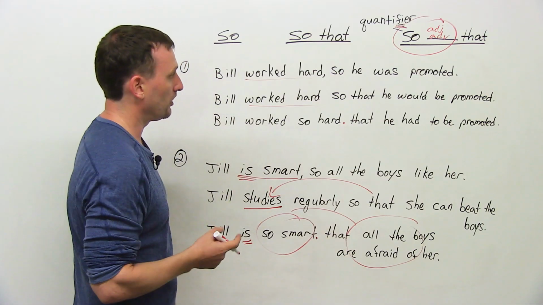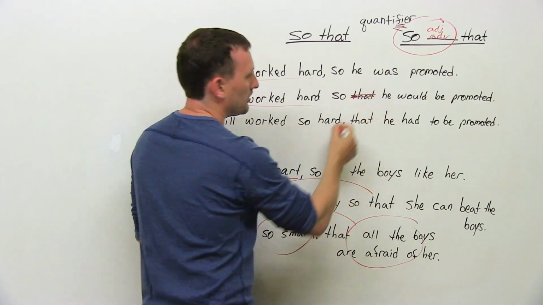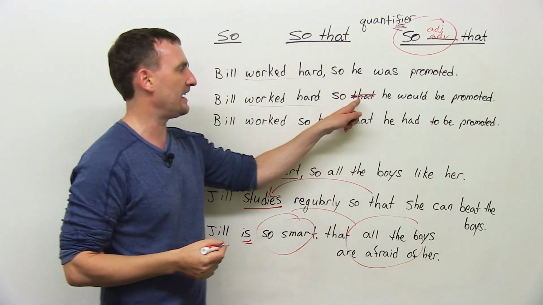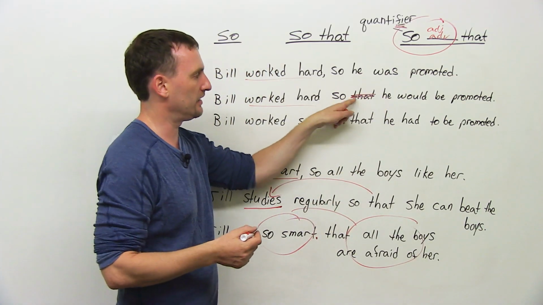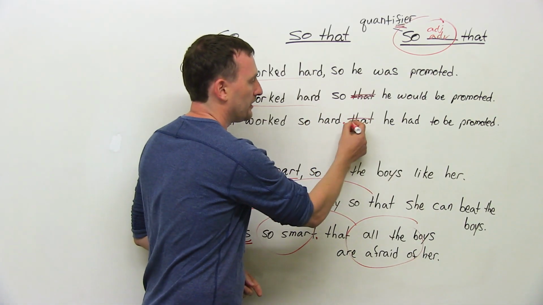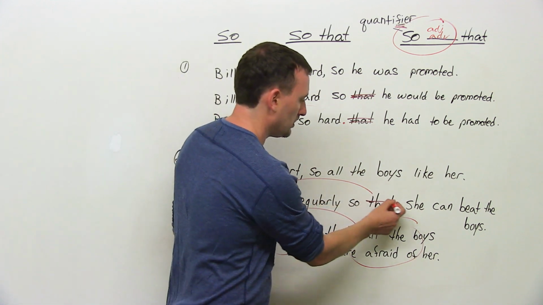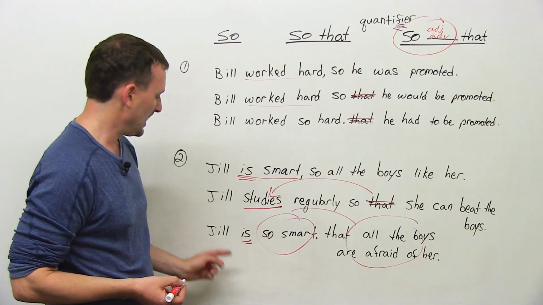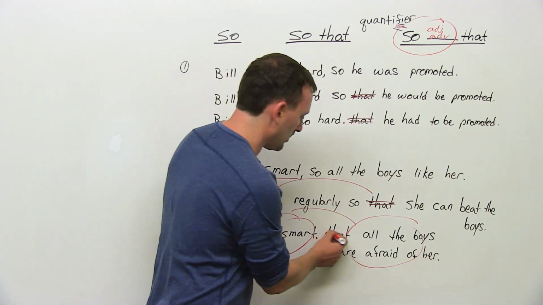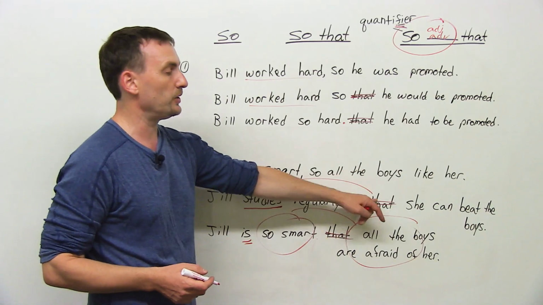Now, one thing you can also notice here. Bill worked hard so he would be promoted. I can take out that because I have the subject. This is understood. Bill worked so hard, he had to be promoted. Jill studies regularly so she can beat the boys. Jill is so smart, all the boys are afraid of her. Okay? In all these cases, you can take out that.